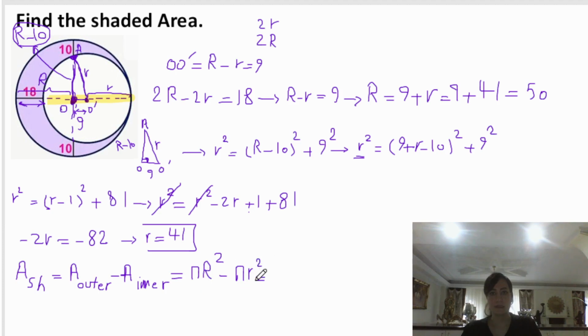I factor pi, so it would be pi times capital R squared, which is 50 to the power of 2, gives me 2,500. And for 41 to the power of 2 gives me 1,681.